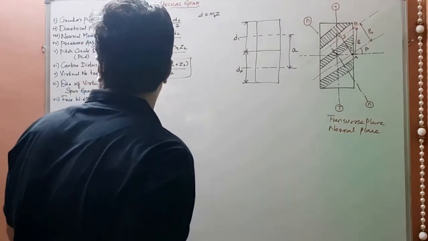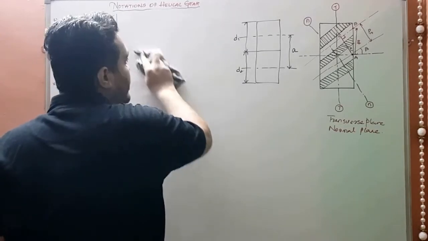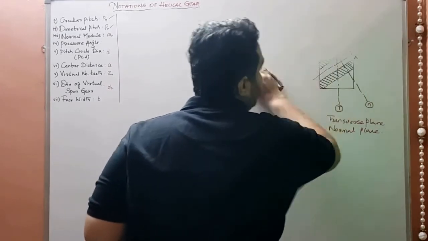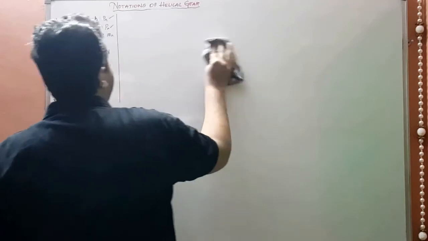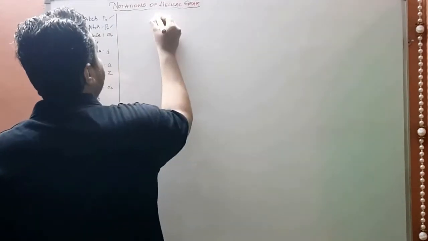So next we need to find out the virtual number of teeth. The virtual number of teeth concept is very important, right? How do you need to find out the virtual number of teeth?